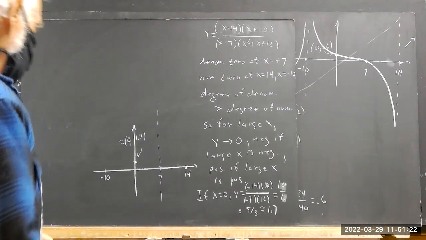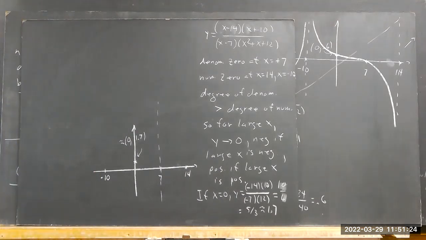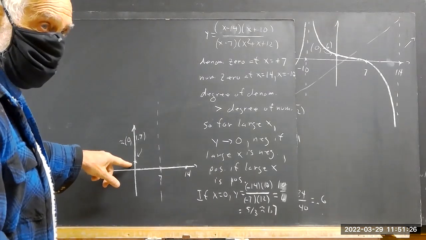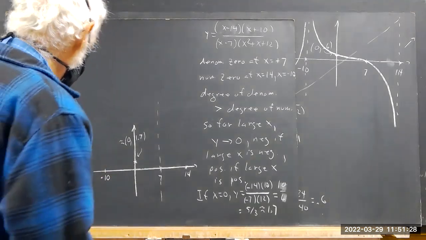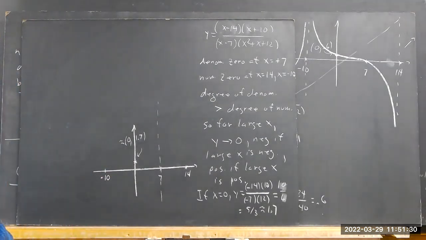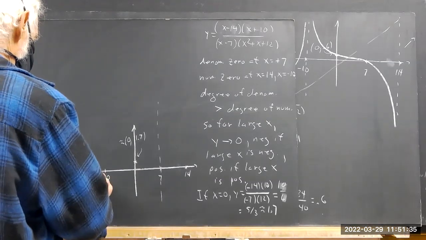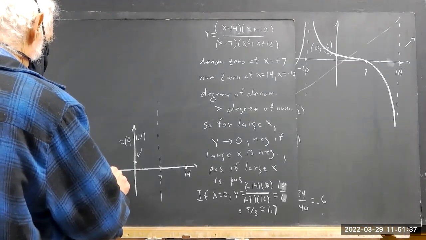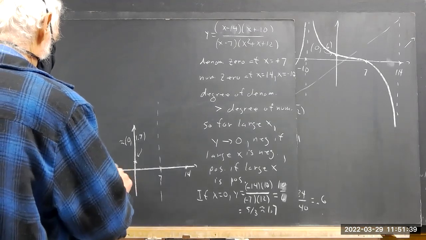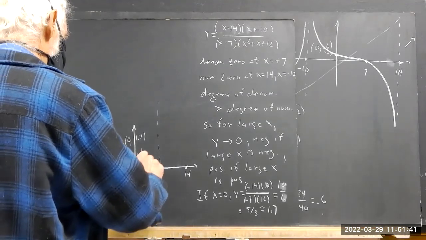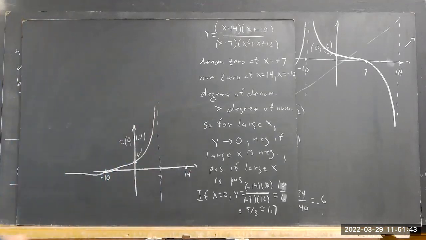Okay, now, if we put it together, we don't have an asymptote here on this side. We come up through negative 10. So it comes along here, probably dips down a little bit before it comes up, but probably not much. And it goes through here, and I've kind of missed that point, but comes up here. Okay.